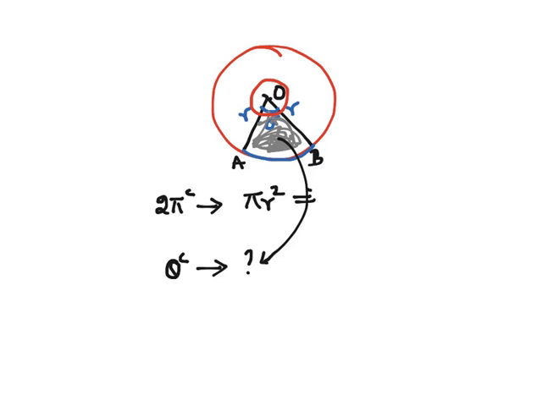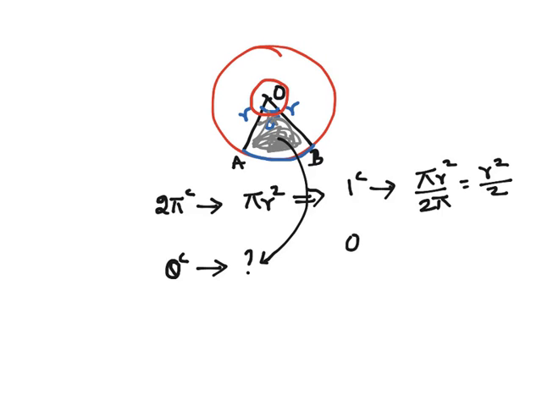Now from this, if 2 pi radian gives you pi r square, then 1 radian will give you an area which is equal to pi r square divided by 2 pi, which is nothing but r square by 2. So 1 radian will give us an area of r square by 2.